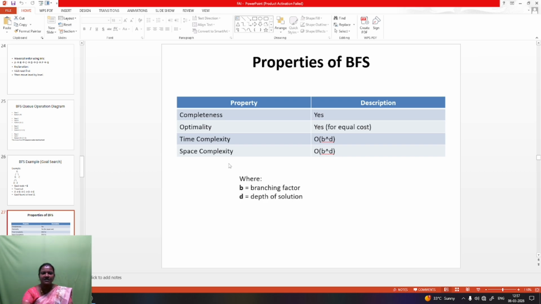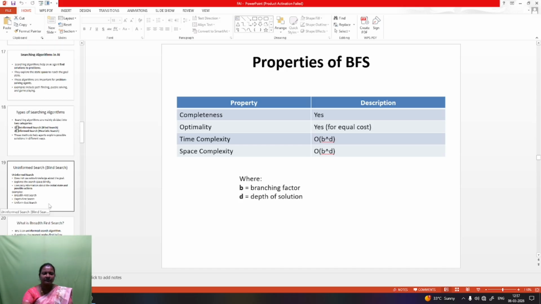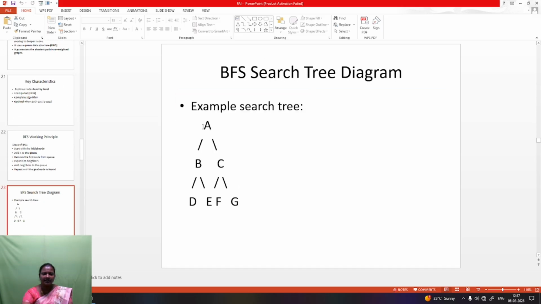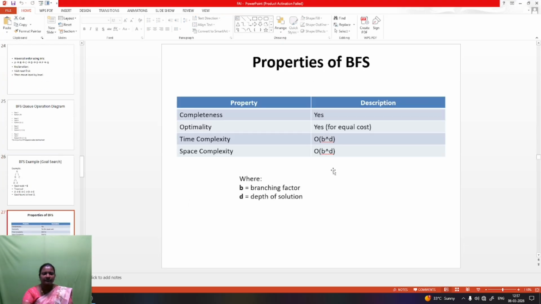Time complexity means the time taken to reach the goal node, that is, the time taken to travel from A to the goal node. Then space complexity: the amount of memory space used by the processor is the space complexity.